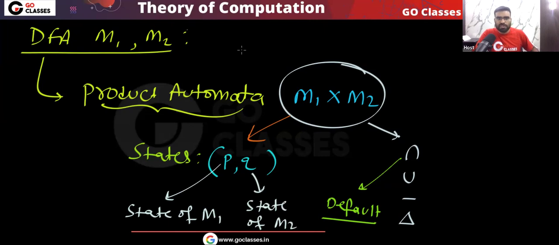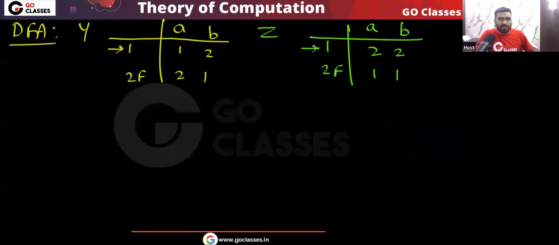Do you agree with me? So in M1 cross M2, the states are ordered pairs of states of M1 and M2. Here, the product automata will have a total of 4 states.